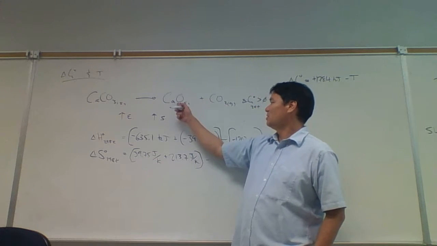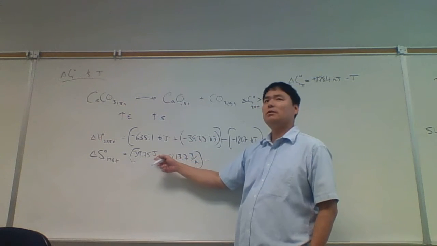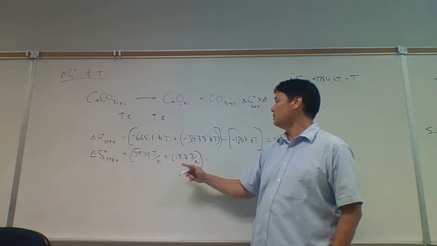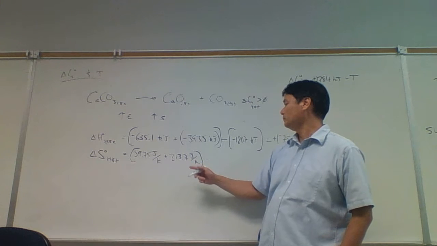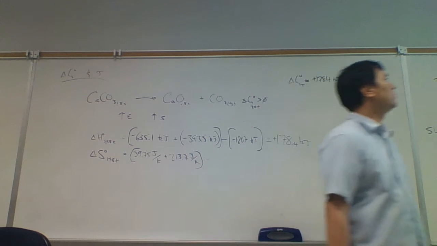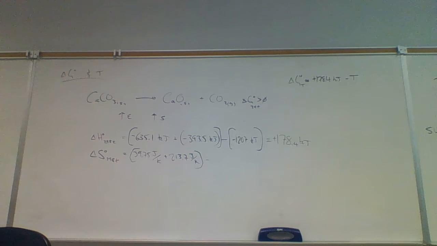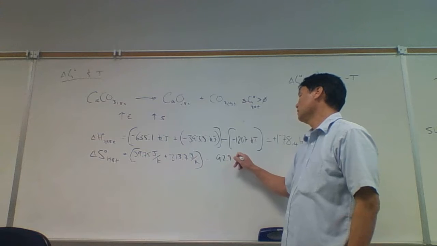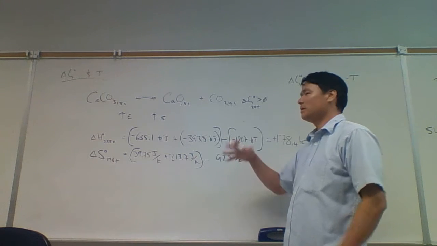In fact, I think this is kind of low. 39.75. The entropy of calcium oxide is only 40. It's pretty ordered compared to calcium carbonate. Calcium carbonate has an entropy of 92.9, which is a little on the high side for a solid, because of the carbonates.